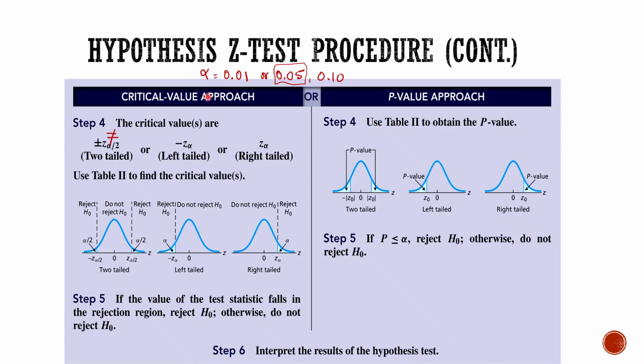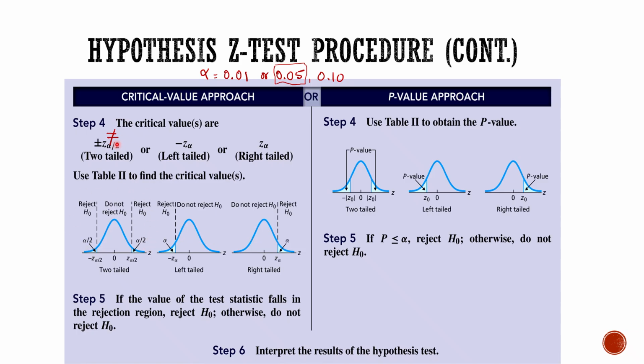Therefore, the alpha value represents the area, or the probability, of the reject region. In a two-tailed test, you have to make sure that you split the alpha value into two equal parts.